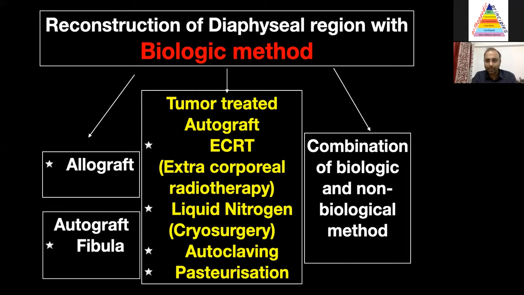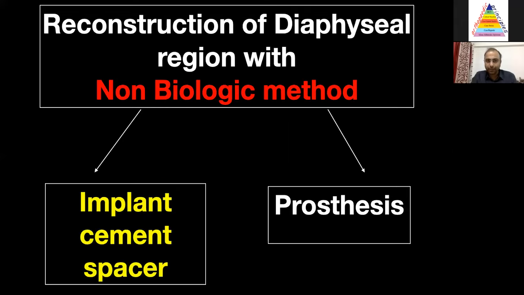Today's discussion topic is ECRT, and its alternatives are liquid nitrogen cryosurgery, autoclaving, that is just autoclaving the bone, or pasteurization, like what is done for milk.